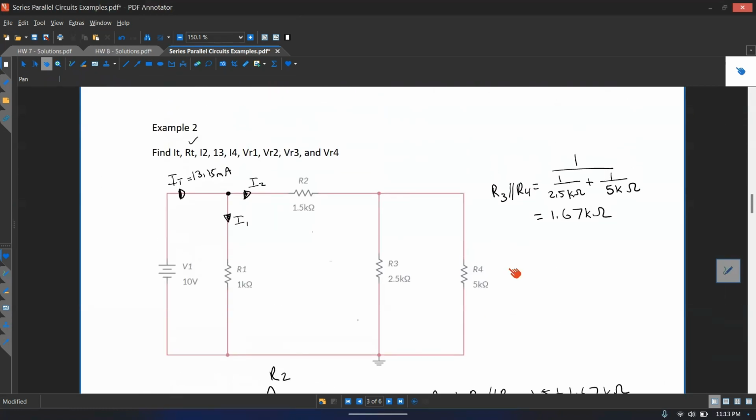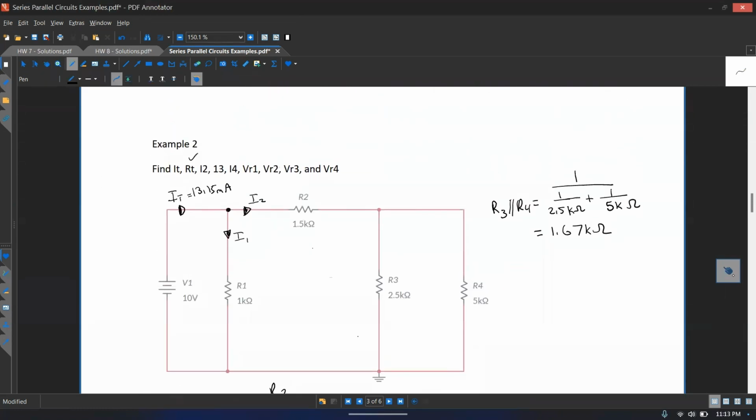And so we can come back up here and plug in 10 milliamps right here. Knowing that, I2 is going to equal the total current minus I1.